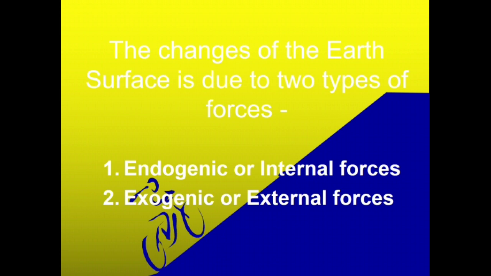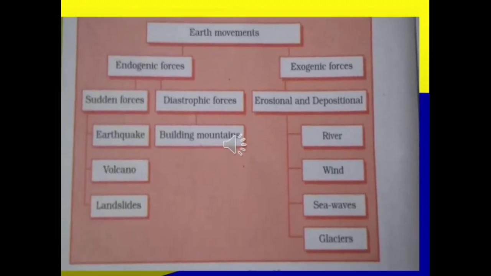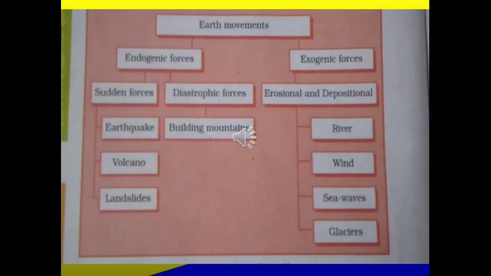Endogenic forces or internal forces occur in the interior of the earth, while exogenic forces or external forces work on the surface of the earth. In the given table, it is shown about endogenic and exogenic forces. Firstly, we will talk about endogenic forces.